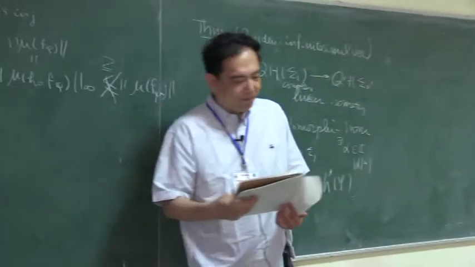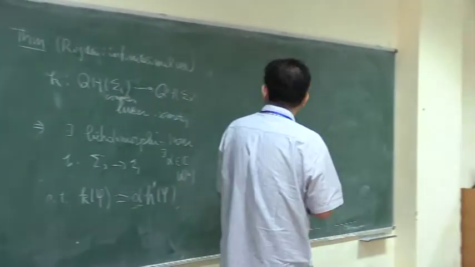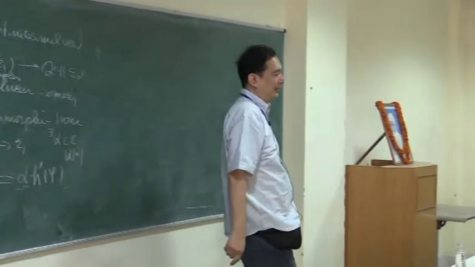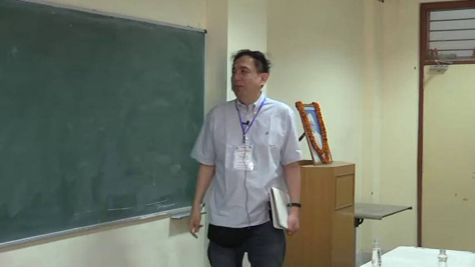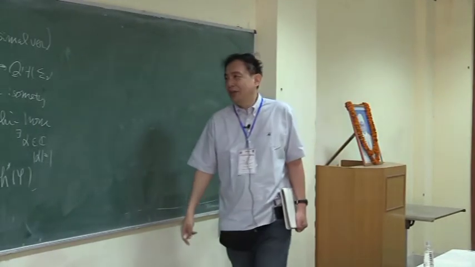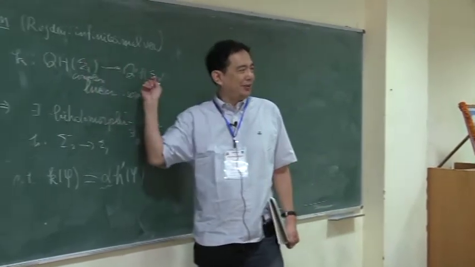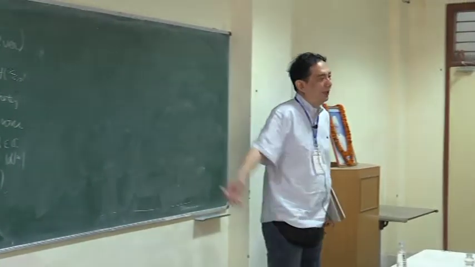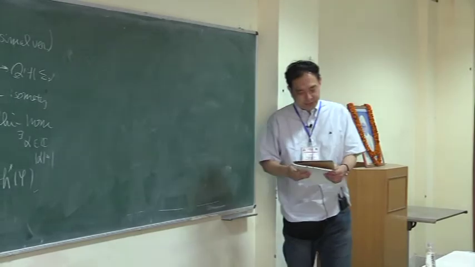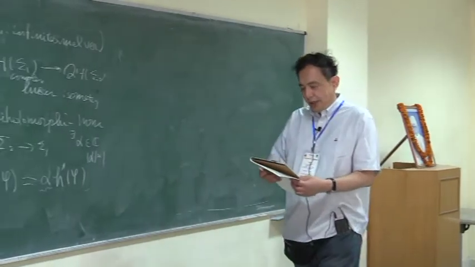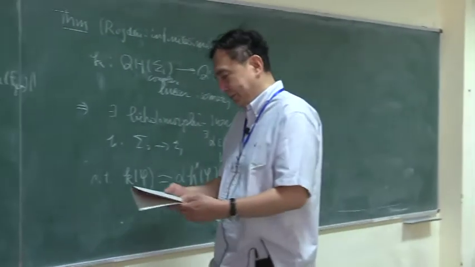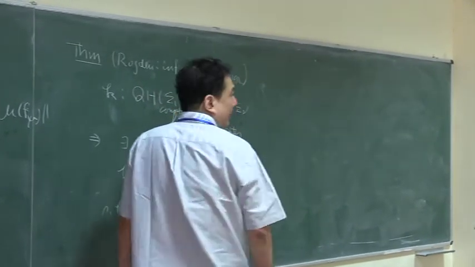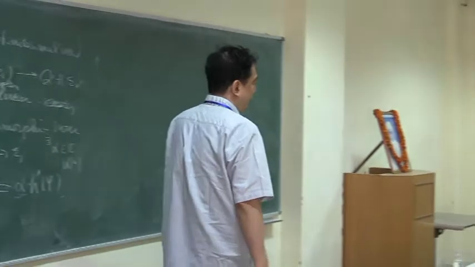So what you have is just a map between two cotangent spaces of the Teichmüller space, the space of holomorphic quadratic differentials, and isometry means isometry with respect to the norm.